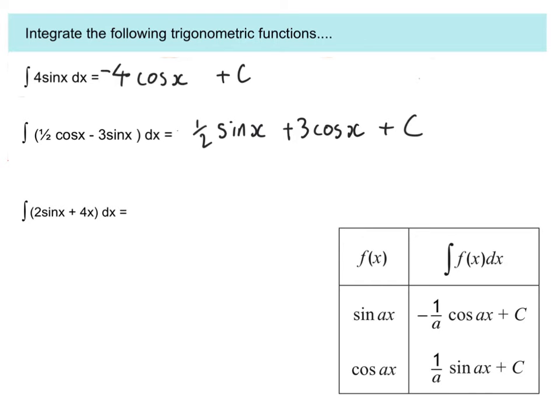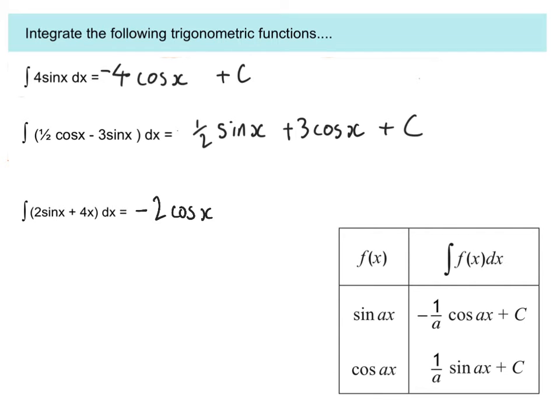The last one, we have got 2 sine x plus 4x. So it's not very common, but sometimes you'll be asked to deal with trig and non-trig functions mixed together. So I start by integrating the trig, 2 sine x. Sine integrates to negative cosine. So that's going to go to negative 2 cosine x.